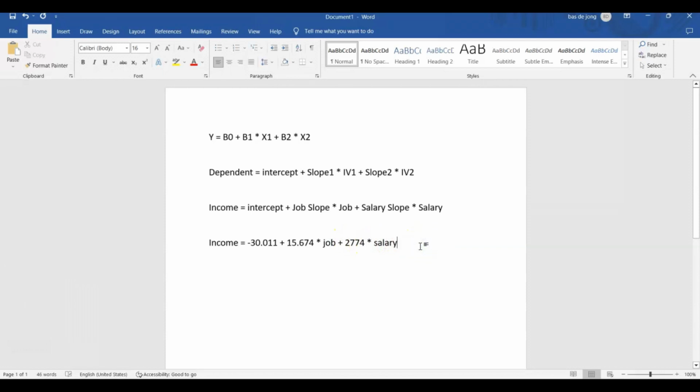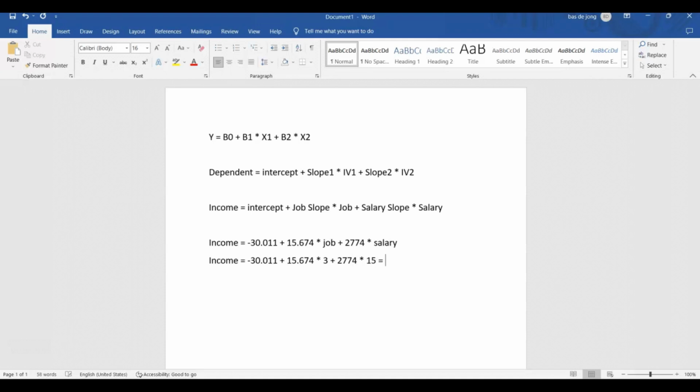So, if we are a person who is in job tier 3 and has a salary of 15 euros an hour, then we would calculate it by: income equals minus 30,211 plus the slope of job, which is 15,674, and we said that he was in tier 3, so multiply that by 3, plus the slope of salary, which is 2,774, times, and we said that his salary was 15 euros an hour.